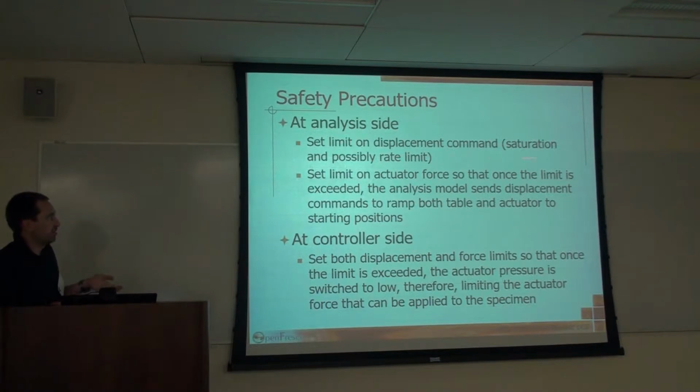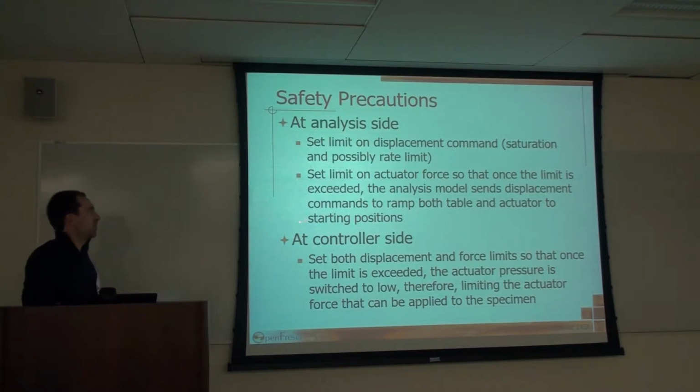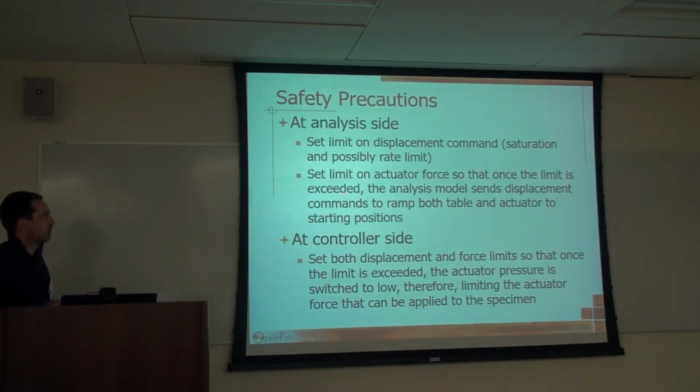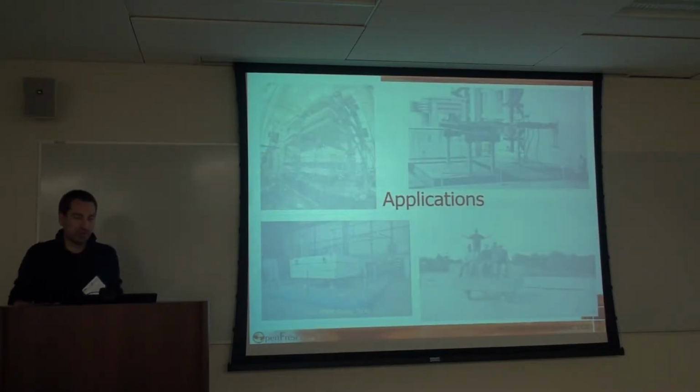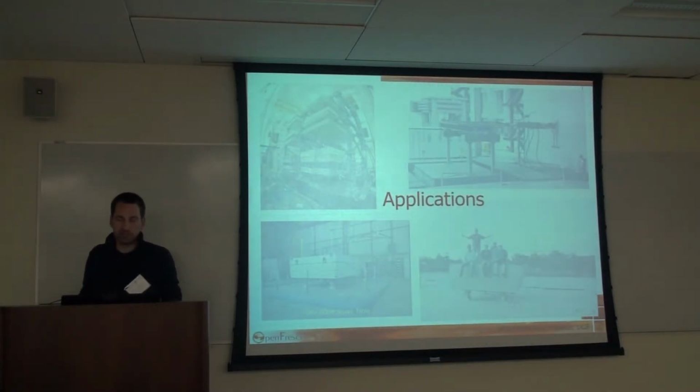We can put saturation and displacement limit commands there. So for the rate and the displacement, we can set limits on actuator forces, so that's important. And we can do this both at the analysis side and at the controller side, so we can have double the safety there.